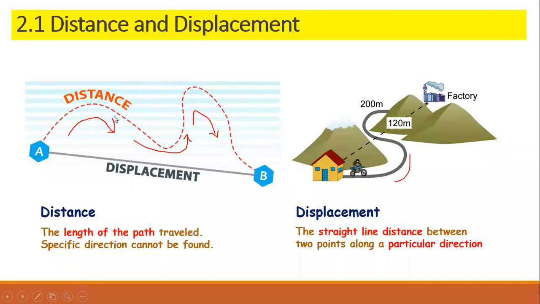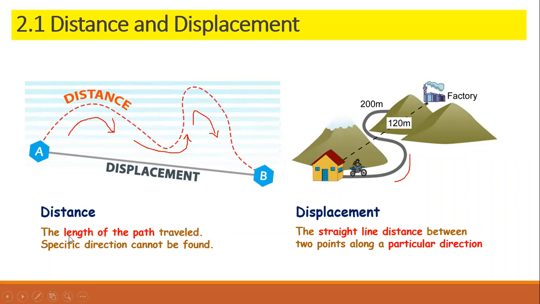Distance is just the length of the path. There are many distances between two points with many different lengths. It's like when we want to go to school, we have a few different pathways, maybe from one junction or from another rural area.